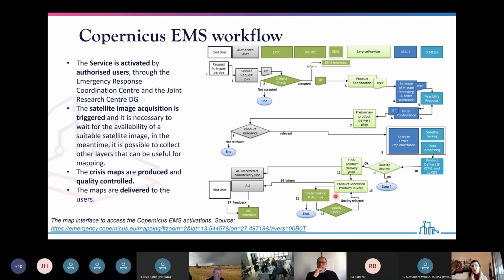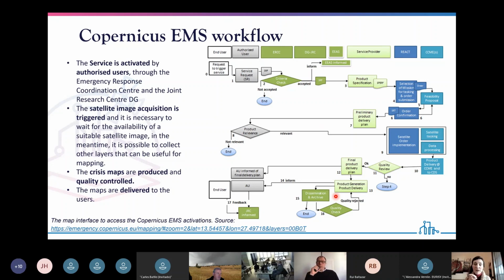A short introduction about the workflow of this procedure. Here you see a very complex schema, but we are not interested in going into the details. The idea is to give you an idea of the process for the production of these maps.